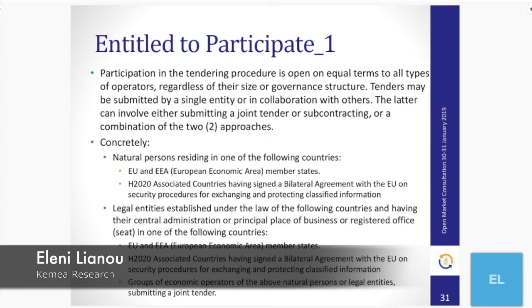That is to say, European Union and the European Economic Area member states and the Horizon 2020 associated countries. And of course, also entitled to participate are groups of economic operators of the above natural persons or legal entities submitting, as we said, a joint tender.